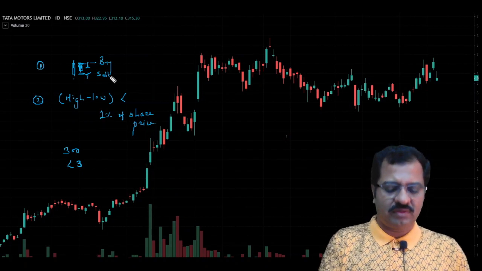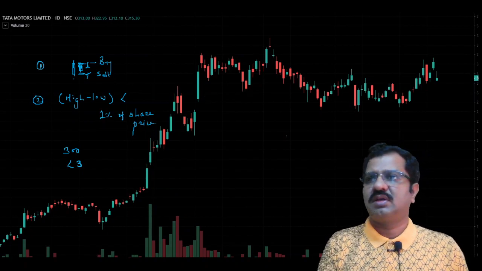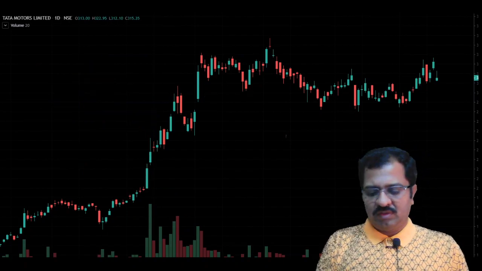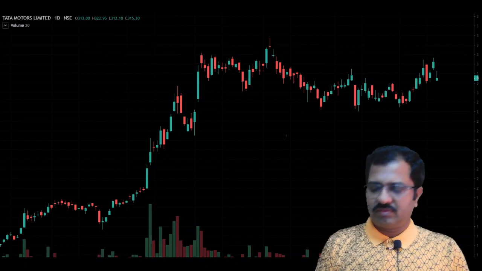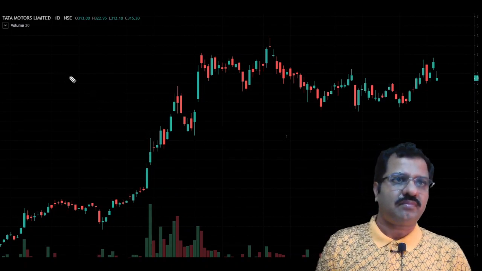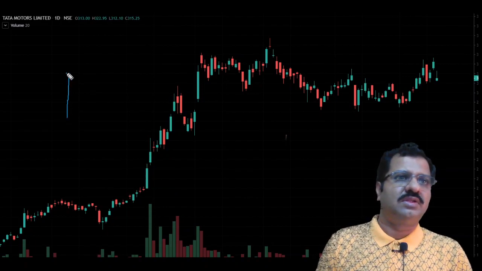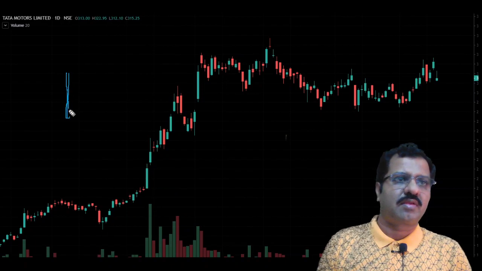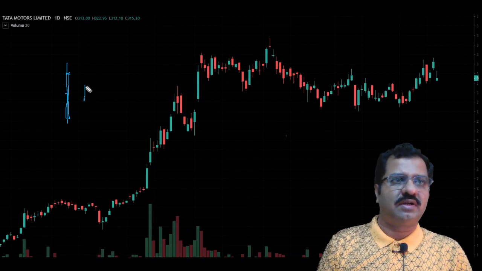Okay, let me clean this so that I will be able to draw better and explain. So this is your first day candle. This is the big candle. This is your second day candle.